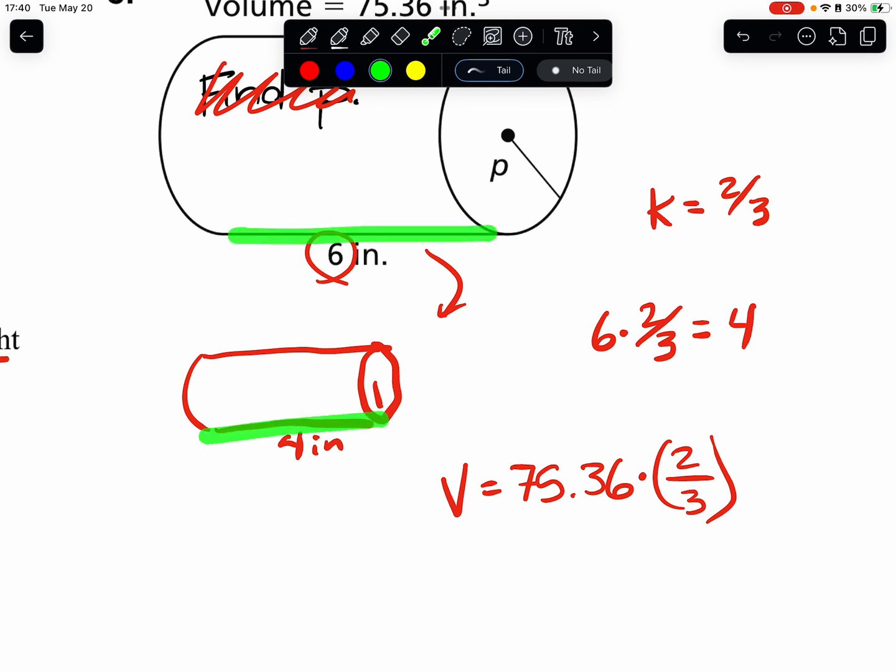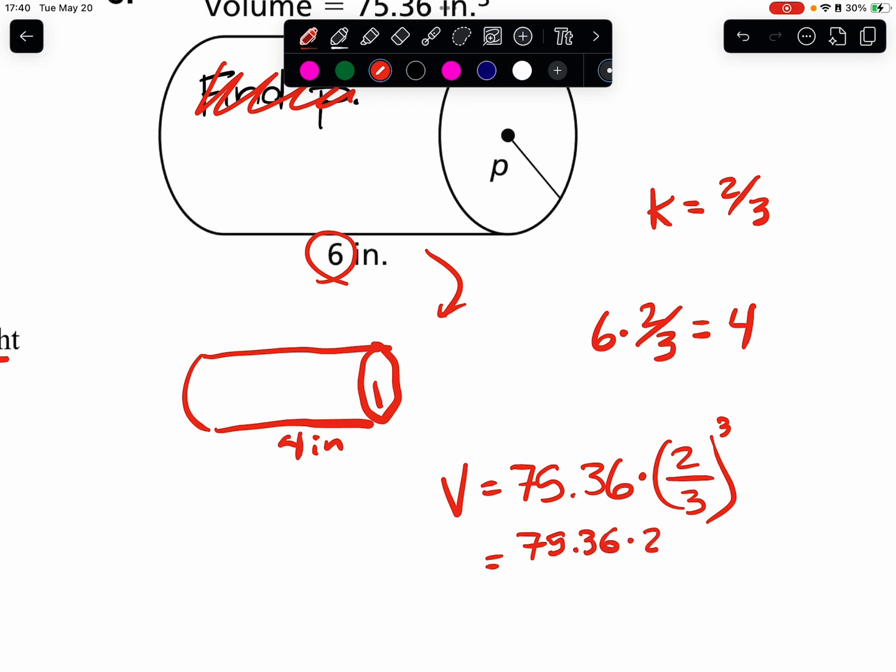What we started off with was just a one-dimensional piece, so that's why we just multiplied by k. But now I need to multiply by k to the 3rd power. Okay, so this is 2 times 2 times 2. I have 3 2's upstairs, and I have 3 3's downstairs, because that's what 2 cubed and 3 to the 3rd mean.